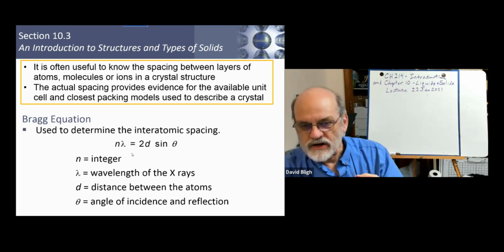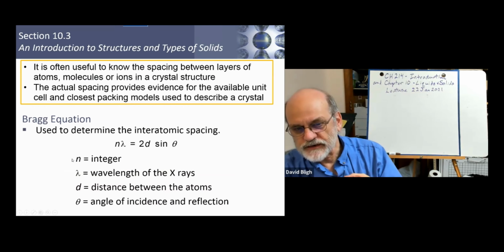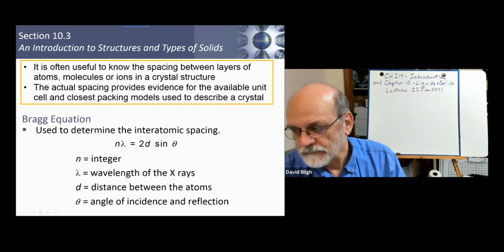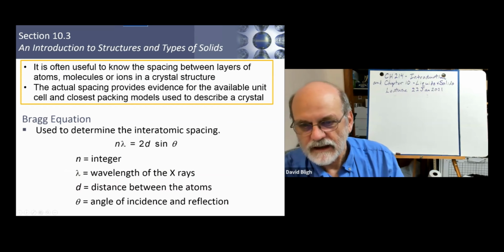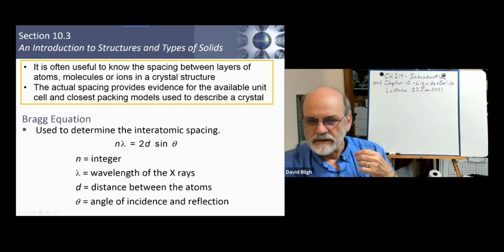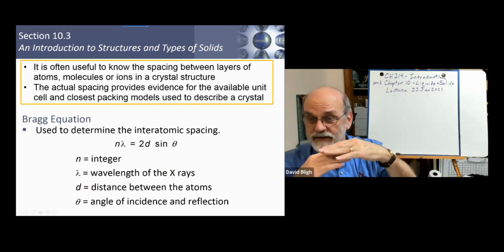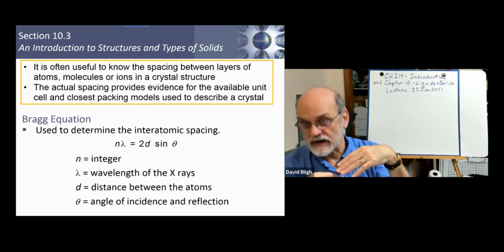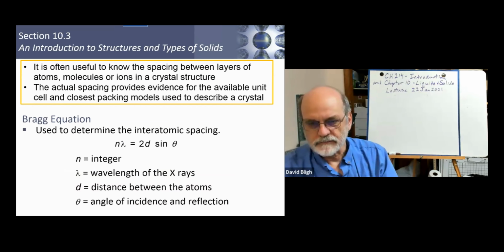So the Bragg equation uses this integer. It's just a modifier. And then here's the wavelength of the light. Because the atoms are so close together, the only thing that can really fit between and interact with them is X-rays, really short wavelength.